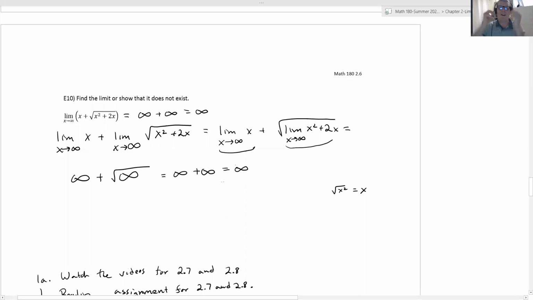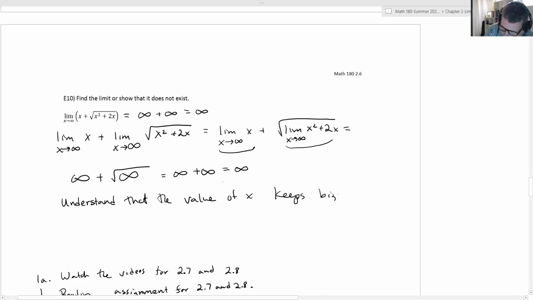The whole idea here is to understand that the value of x keeps getting bigger, and we are just adding more to it.